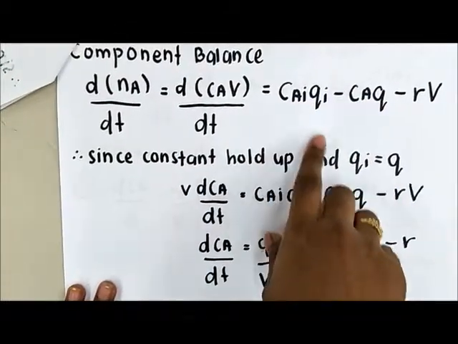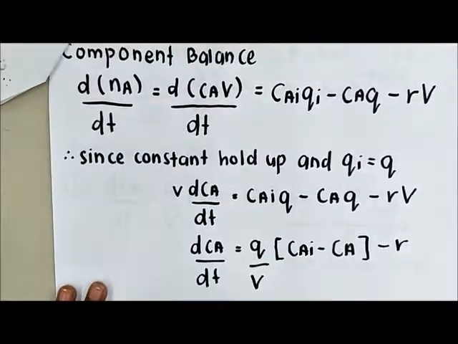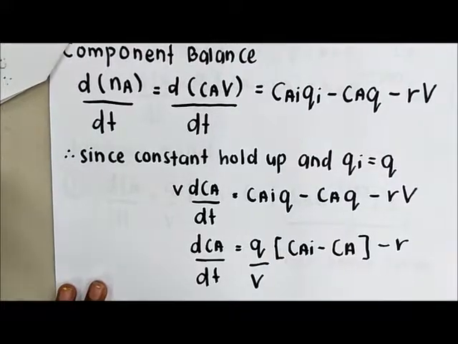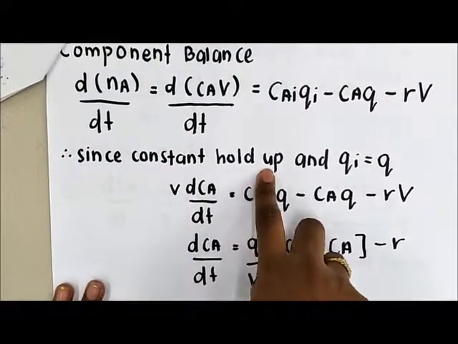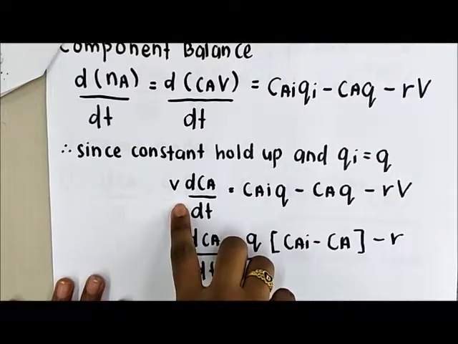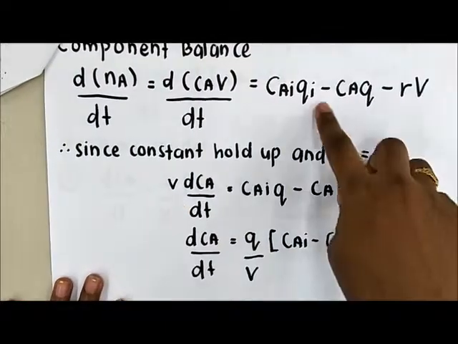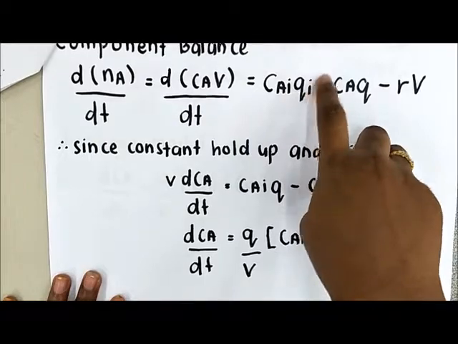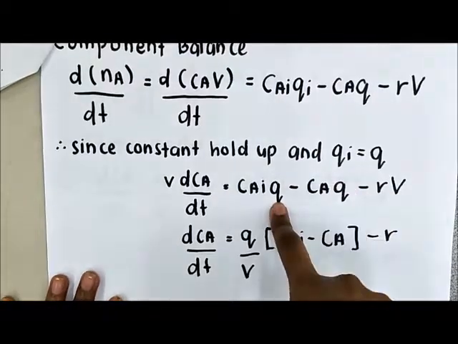Okay, since from the previous page, constant holdup, Qi equals Q, we can make Qi equivalent to Q.